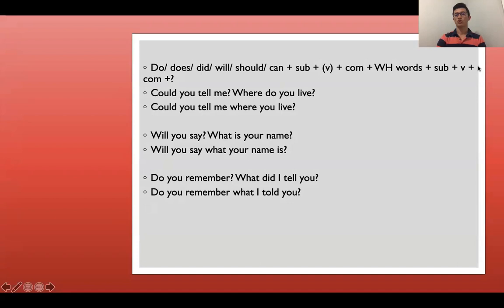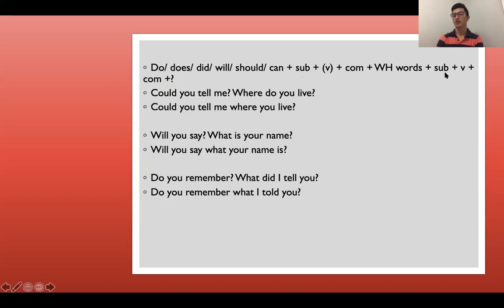There are more structures and rules about that. Whenever you want to make an included question or into question, you can start your sentence with do, does, did, will, should, can, any kind of auxiliary verb like that. Then you use the subject, then your verb, then your complement. So the first part of the sentence is technically interrogative formula. But the second section is WH word plus subject plus verb plus complement.